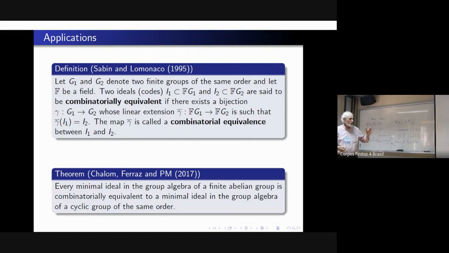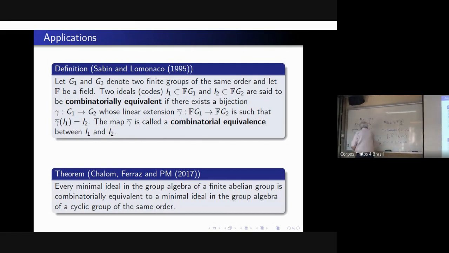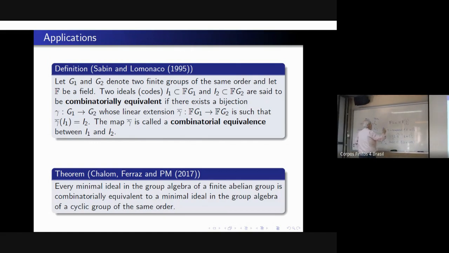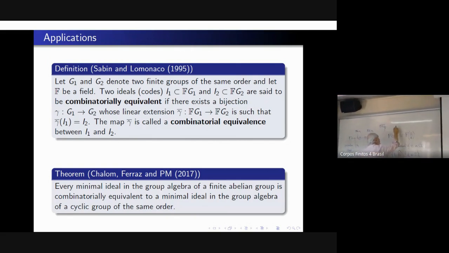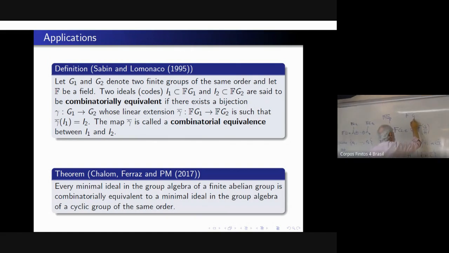Then a student of mine working for the PhD, we compared codes on group algebras of a cyclic group of order p squared with ideals of an abelian group, non-cyclic.